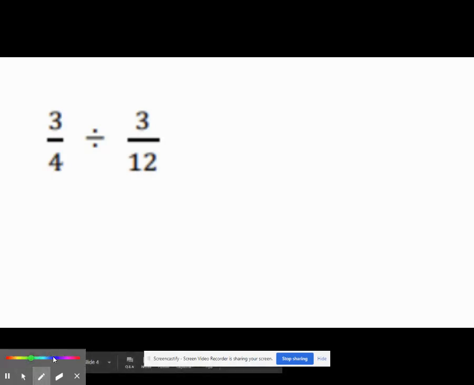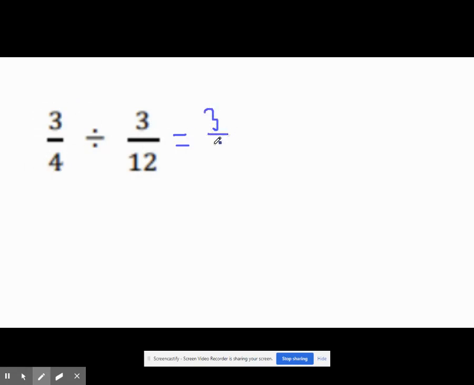All right, so much like we did last time, I've got 3/4 divided by 3/12. So I'm going to keep my first number the same. 3/4 remains the same. My division sign will change. Part of keep, change, flip. Division will change to multiplication, and we'll flip 3 over 12 to 12 over 3.